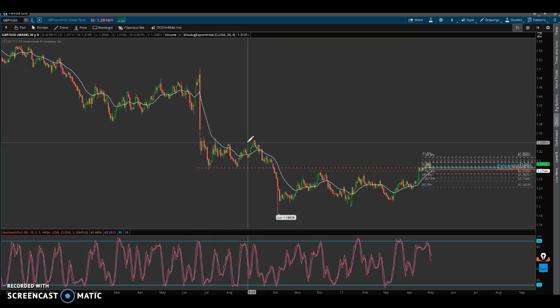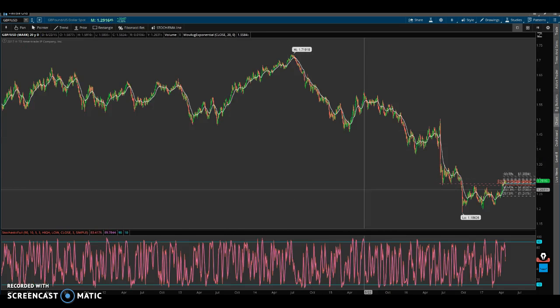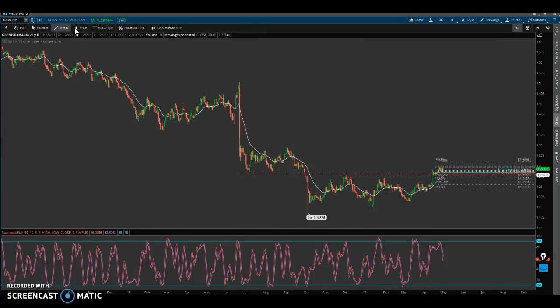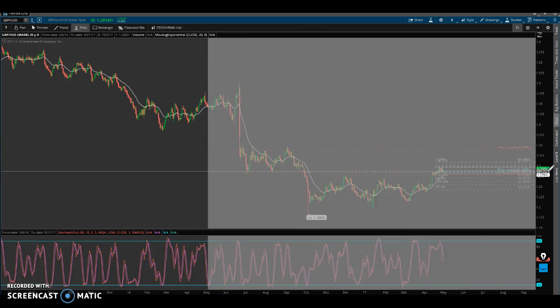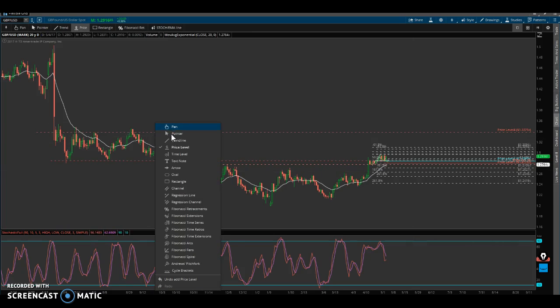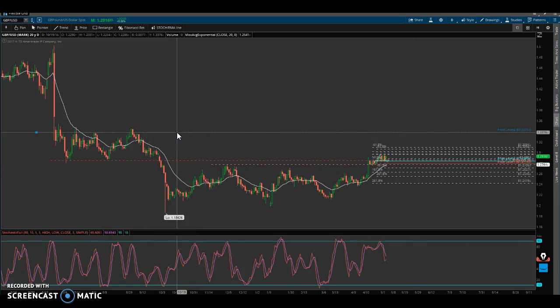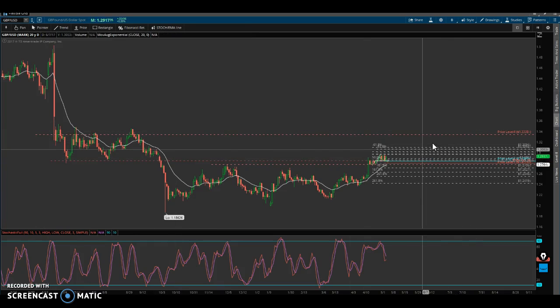I am looking to potentially trade this up into the top of this range here, so maybe somewhere around that level there, just to give people a ballpark estimate. But like I said, I'm not convinced that it's finished consolidating.